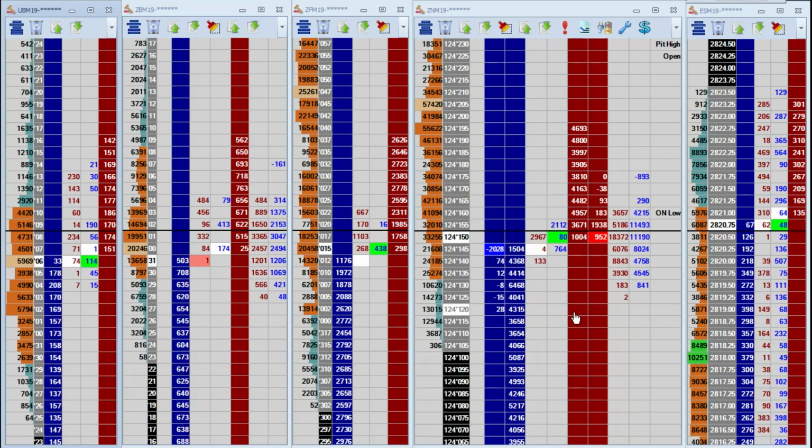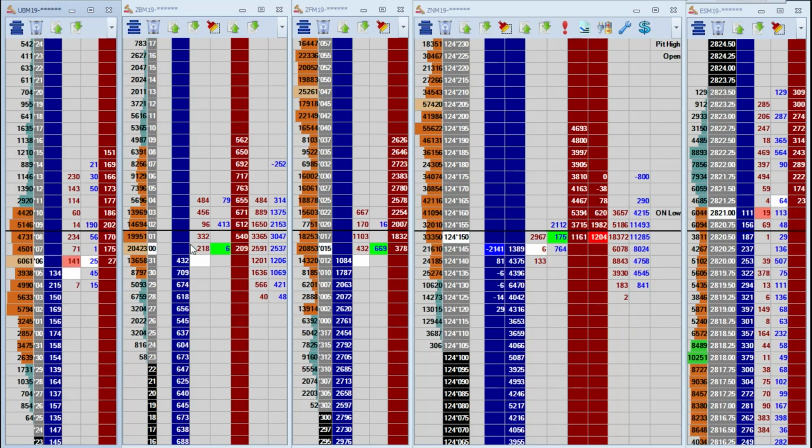Again, I could be wrong, but that's what I'm seeing right now. So I'm making the decision right now just to sit on my hands and let this play out a little bit more. I don't care if this trades down again. It is what it is.